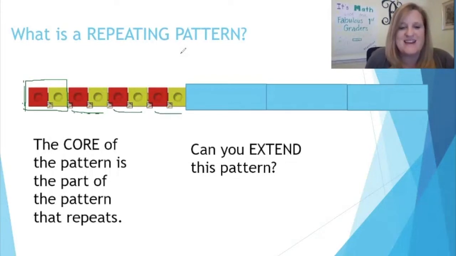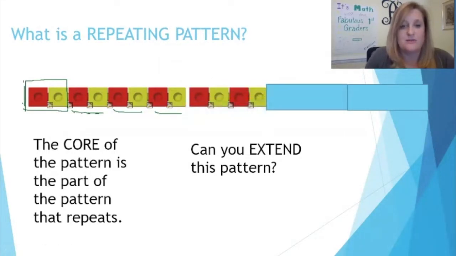Can you extend this pattern? Extending it means making it longer, repeating it, since this is a repeating pattern. So what should come next? Red, yellow, red, yellow. Extend it some more.